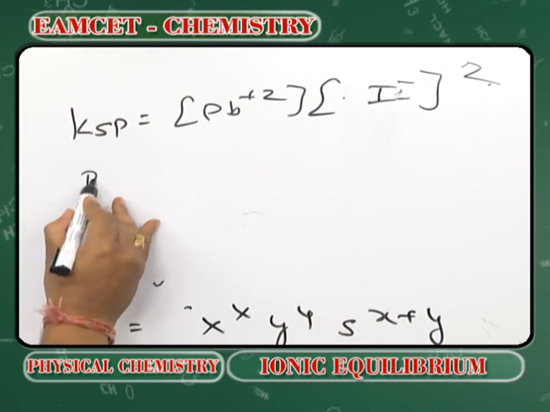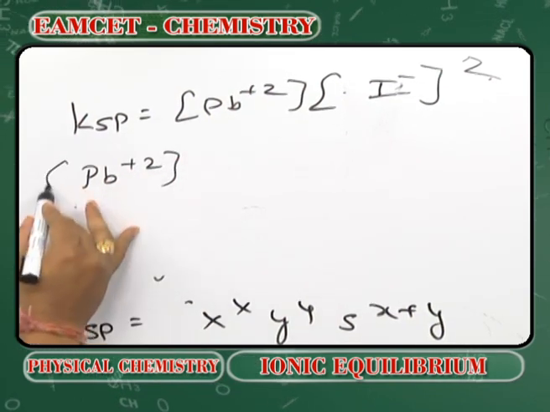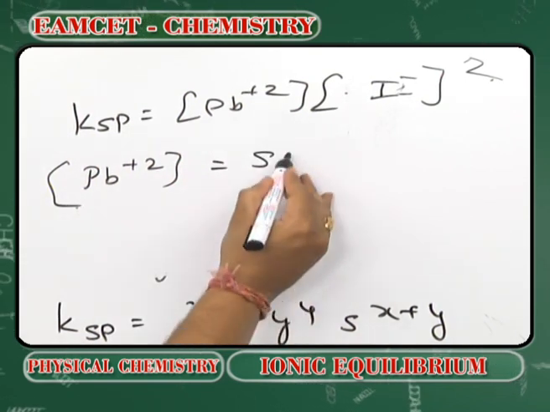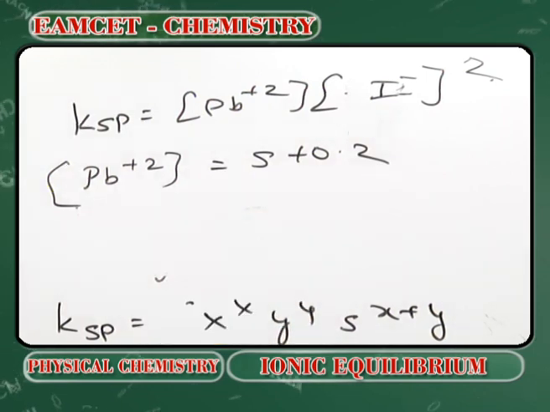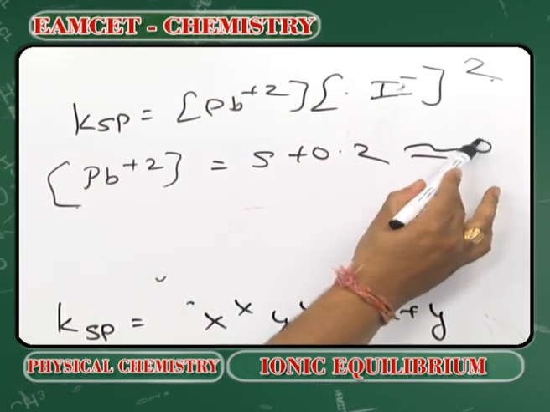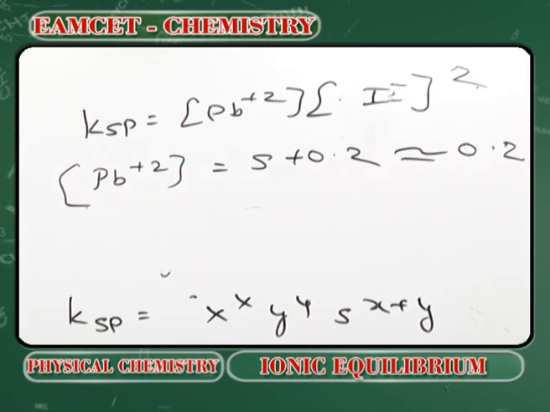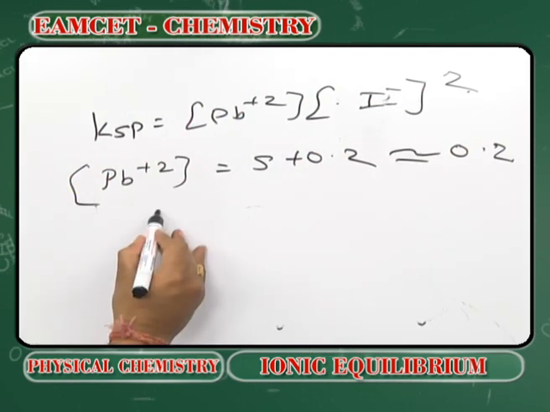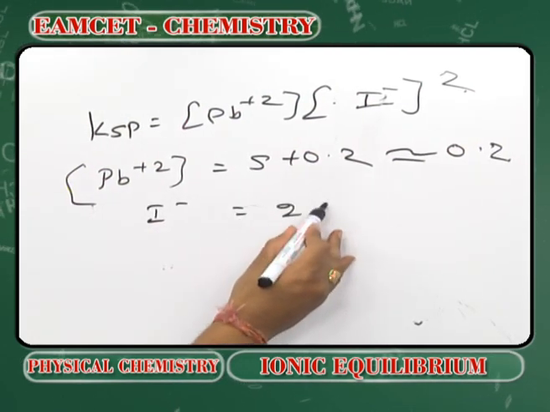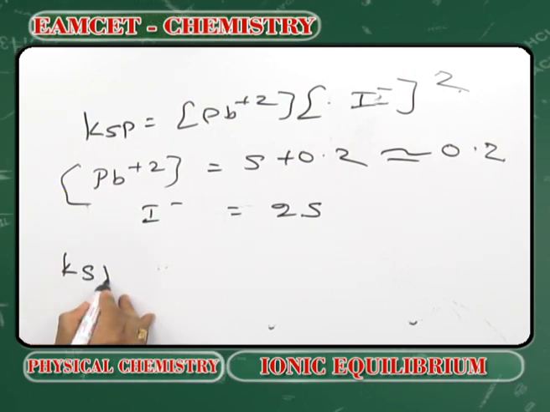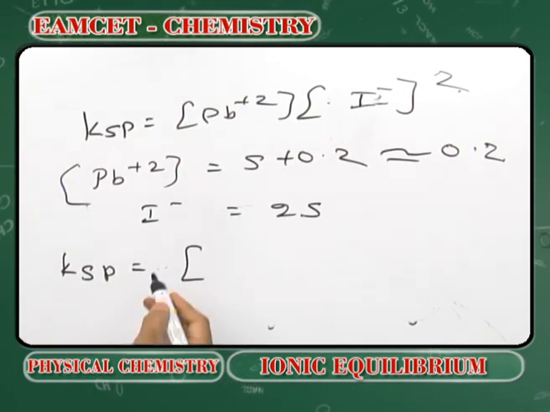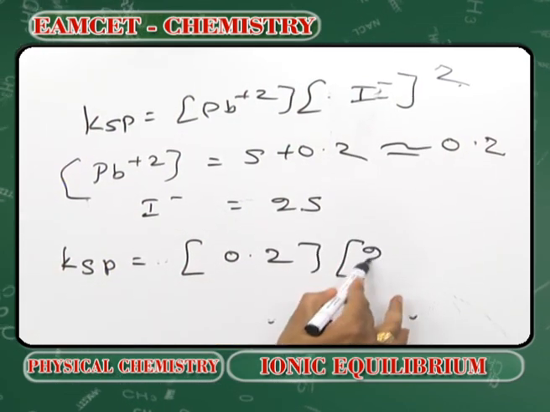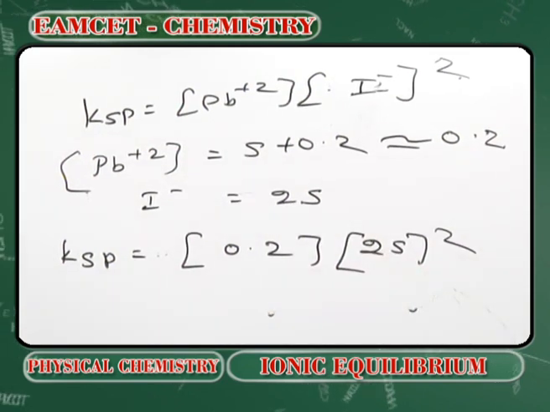What is the Pb2+ concentration? It is S from the PbI2 and 0.2 from the Pb(NO3)2, which can be taken as 0.2. And what is the I- concentration? 2S. So Ksp is equal to 0.2 into 2S whole square.